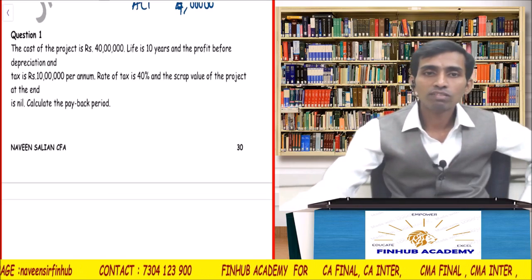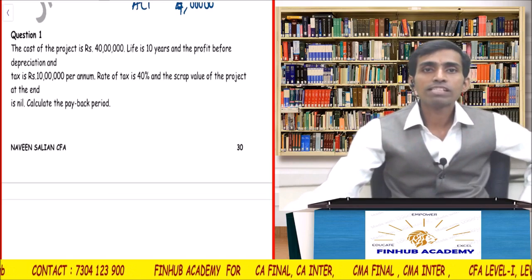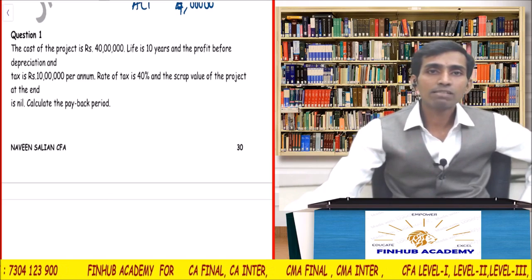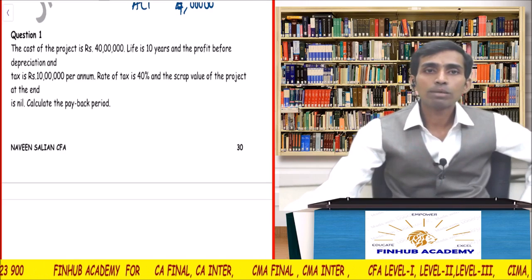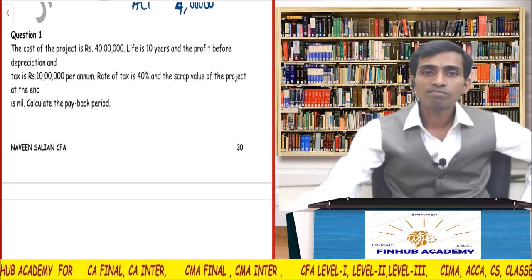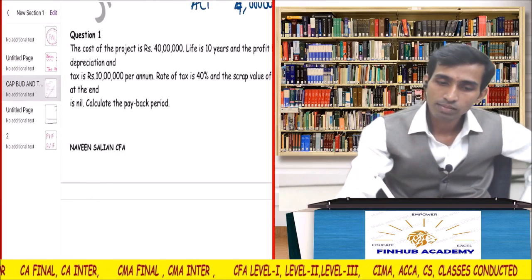Let us try to solve this. Everybody has the question, right? The cost of the project is rupees 40 lakhs. Life is 10 years. Profit before depreciation and tax, PBDT, is rupees 10 lakhs per annum. Rate of tax is 40%. Scrap value at the end is nil. Calculate payback period.